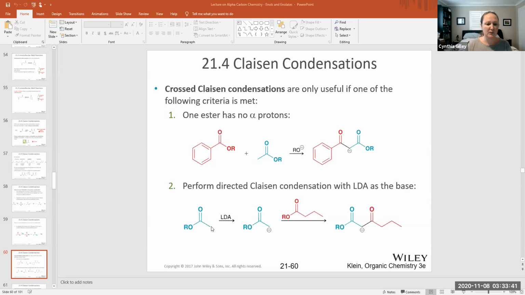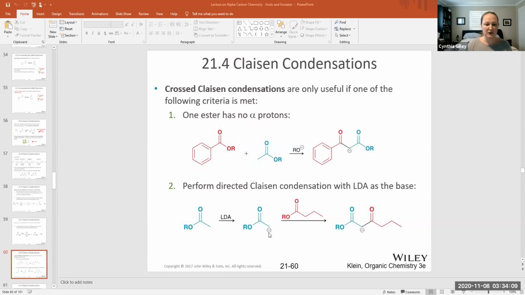At low temperature, we will treat this with LDA, which again is lithium diisopropylamide. It's a strong, bulky base. It will deprotonate the alpha position to form the enolate. And then at that same low temperature, dropwise, we would add in the second ester. And in this case, we don't have to have an ester without alpha protons. It can have alpha protons if we use LDA.